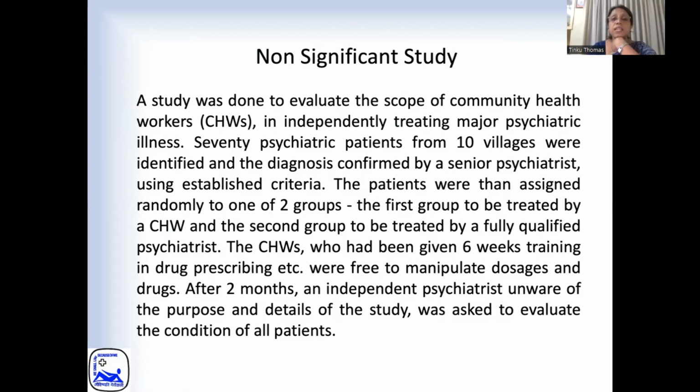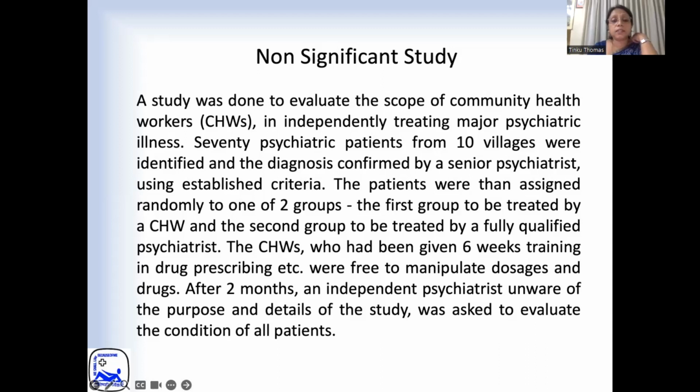The patients were then assigned randomly to one of two groups, the first group to be treated by a community health worker and the second by a fully qualified psychiatrist. So they wanted to compare whether a community health worker would give similar diagnosis as a psychiatrist.